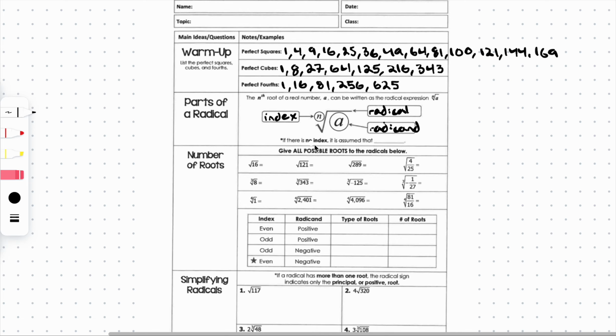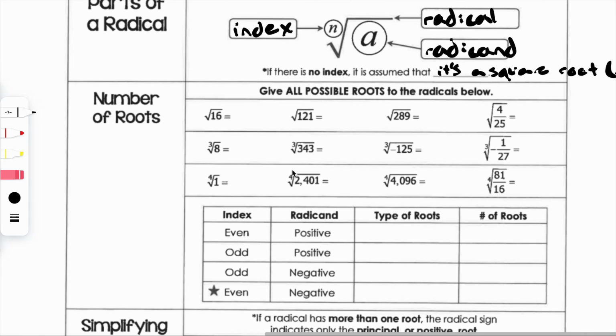So if there's no index, it's assumed that it's a square root, which essentially just means n equals 2. Okay, so let's move on to the number of roots.